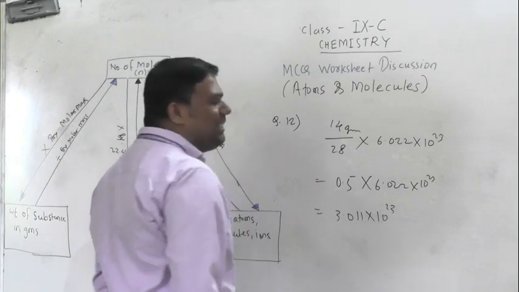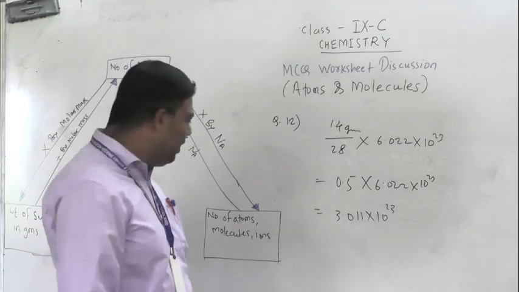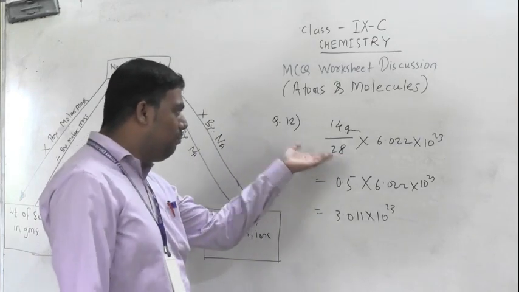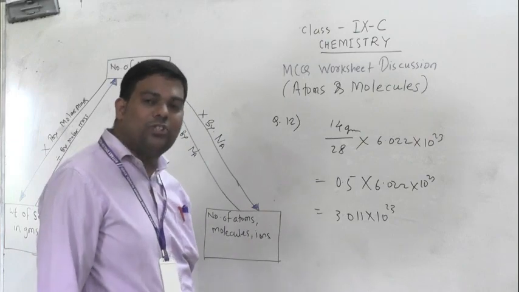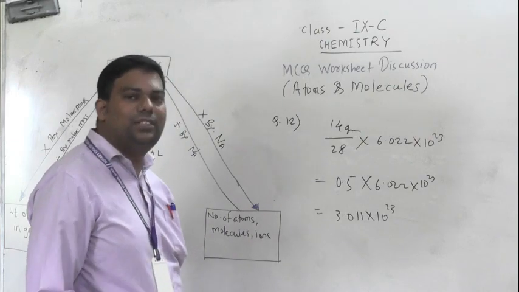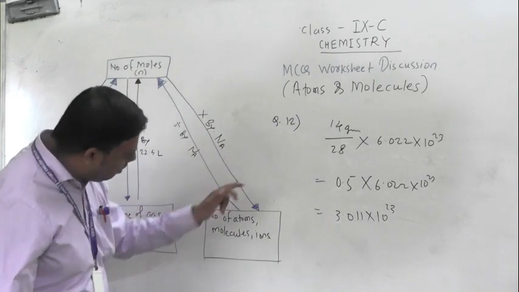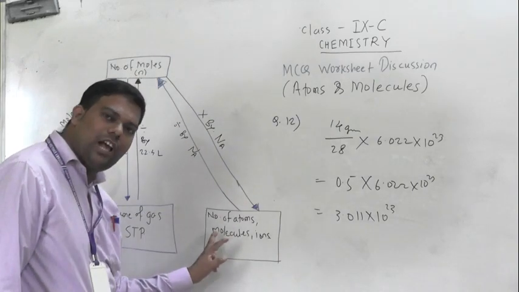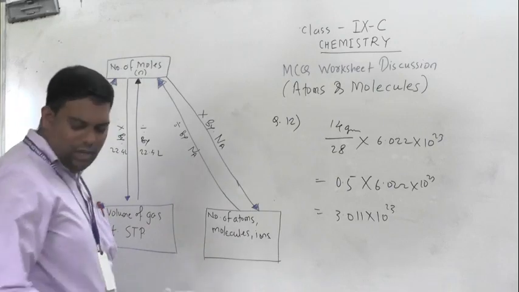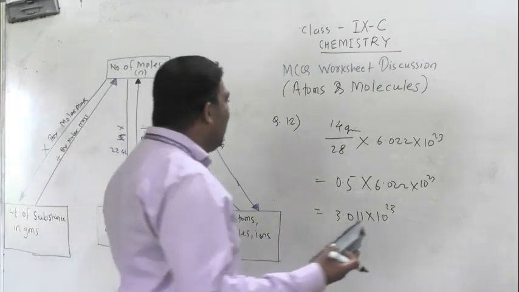So like that, simple. If they give grams, you have to divide by the molar mass or atomic mass of that substance and multiply by the Avogadro number, because we want to calculate the number of molecules. Okay. So see question number 13.